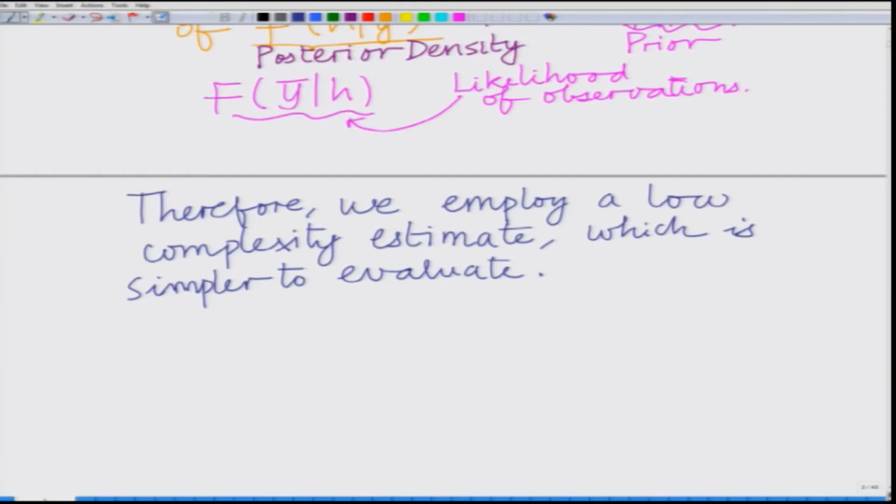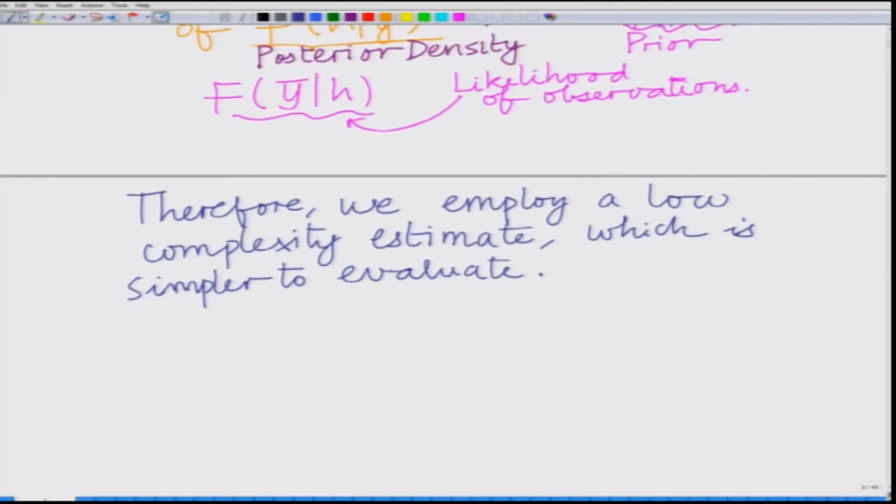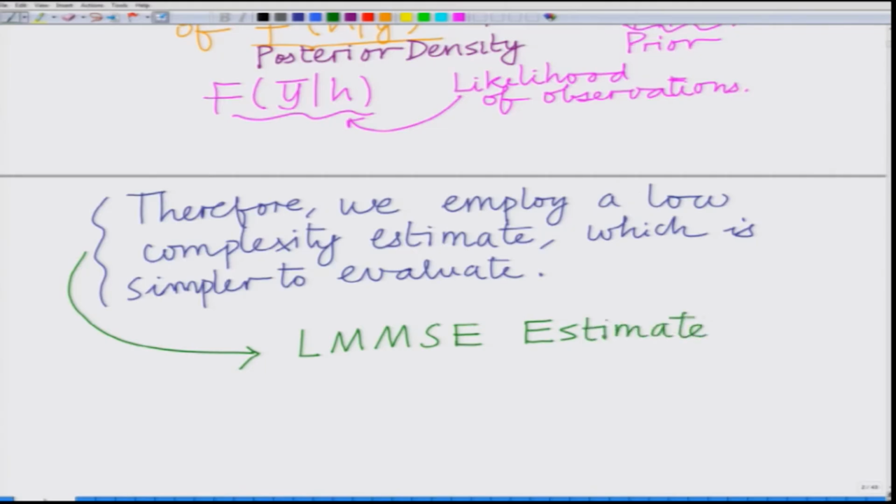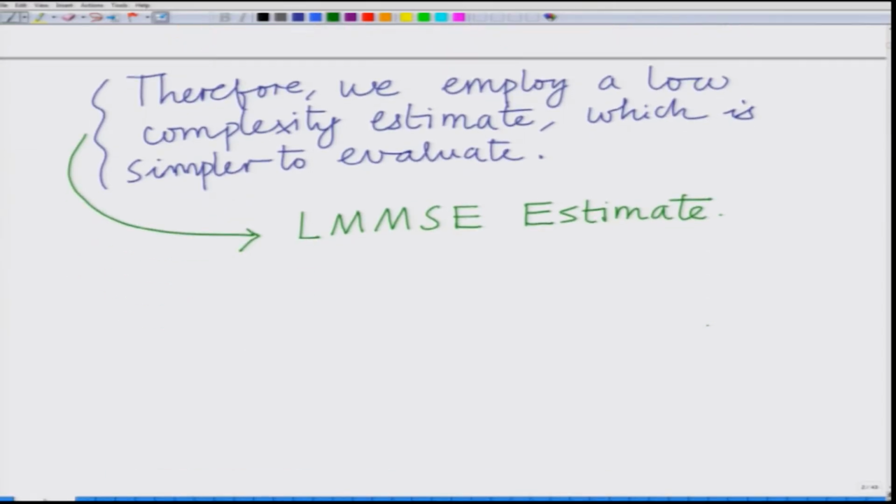We are accepting that slightly decreased estimation accuracy because we want an estimate which is simpler to evaluate, and this is precisely the motivation for the LMMSE or the linear minimum mean squared error estimator. Now, how do we come up with the LMMSE estimator? Let us consider a scenario.